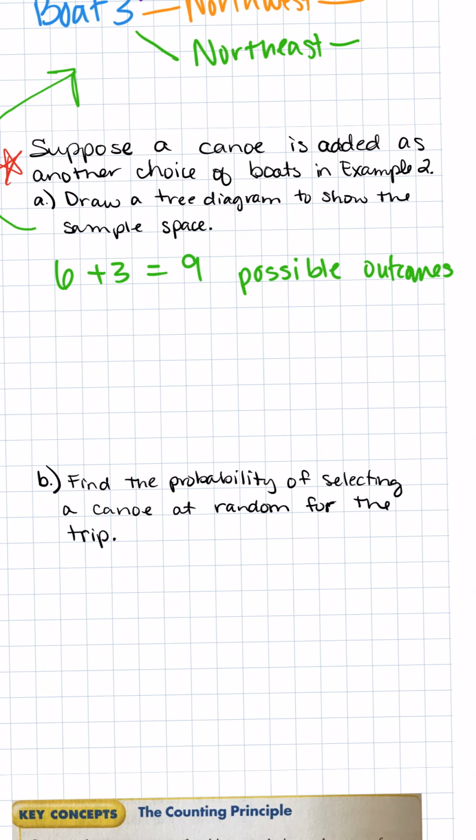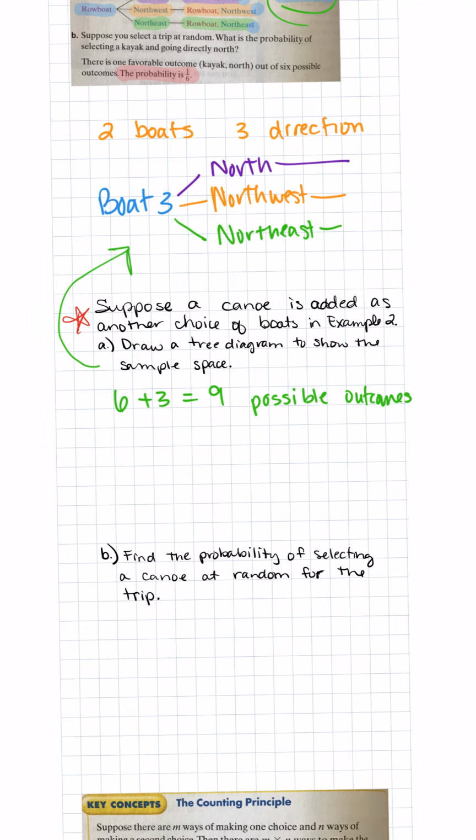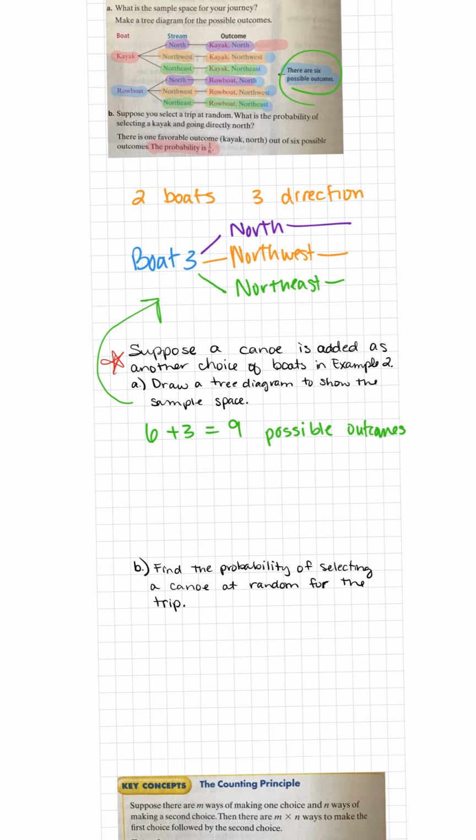So now, finding the probability of selecting a canoe at random for the trip. So think about that for a second. Come back to me when you're done. Okay, so I didn't label this real well. This was actually a canoe here. So 3, right? We said that this was 3.